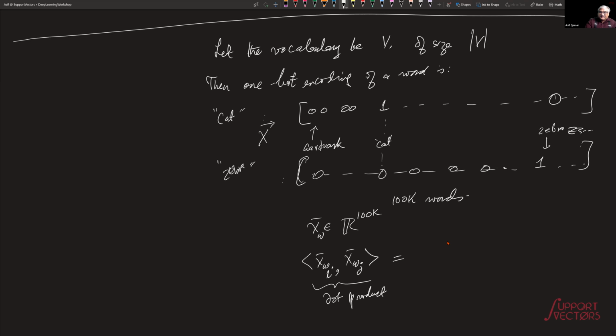If you do a dot product between these two vectors, for cat and zebra, x cat and x zebra, always 0, right? It is always 0. Why? Because x of word i is perpendicular always to x of word j for all i not equal to j, isn't it?